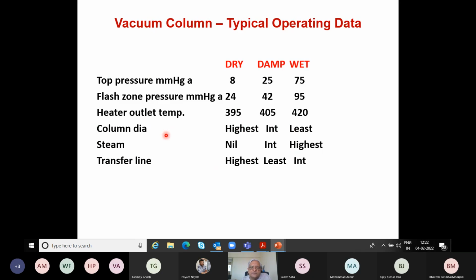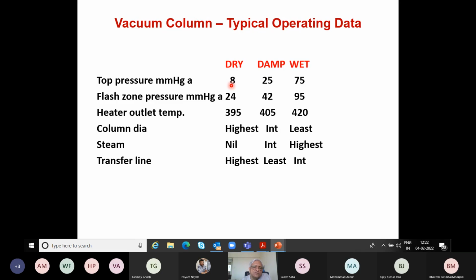As far as the column diameter is concerned, it is highest here because it's pretty high vacuum. So the vapor velocities become very high. Just apply your ideal gas law, PV equals nRT. Volume is inversely proportional to pressure, so the volumetric flow rate in meter cube per hour goes up when your pressure goes down, for the same number of moles.